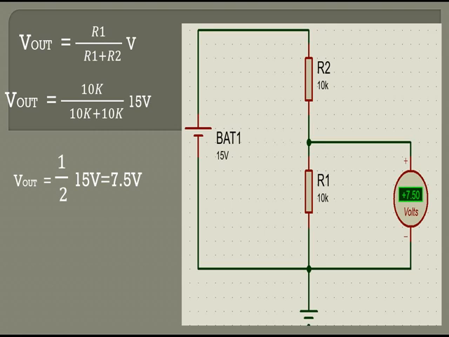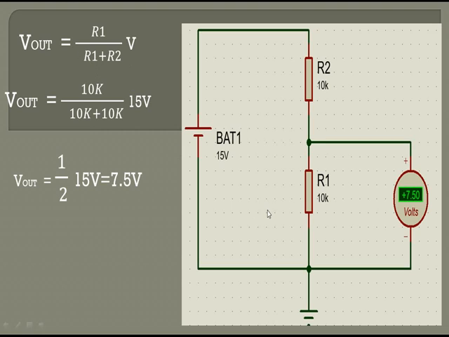Here we take one practical example of the voltage divider rule. We have connected a 15-volt battery to two resistors R1 and R2 and output is taken across the R1 resistance. Initially the input voltage is 15 and at the output we get 7.5 volt, which means voltage is decreased by using the voltage divider rule.